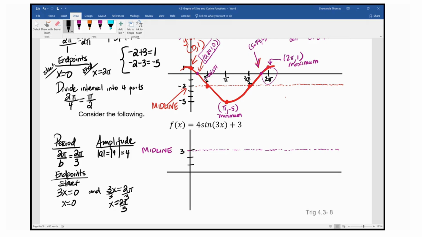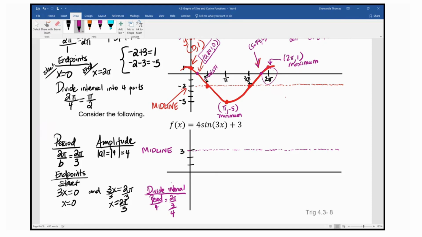All right, so we start at 0. We're going to end at 2 pi over 3. And we divide. How do we divide our interval into 4 equal parts? Period divided by 4. So period is 2 pi over 3 divided by 4.